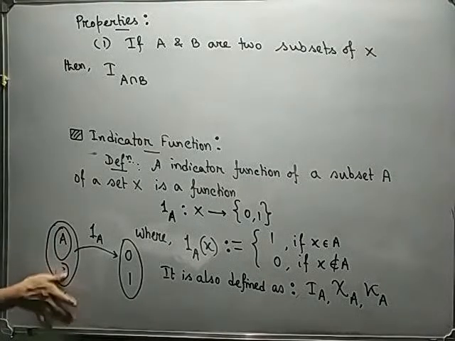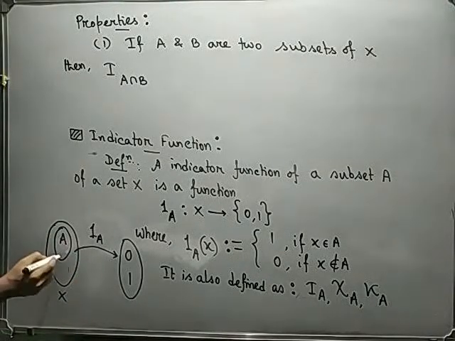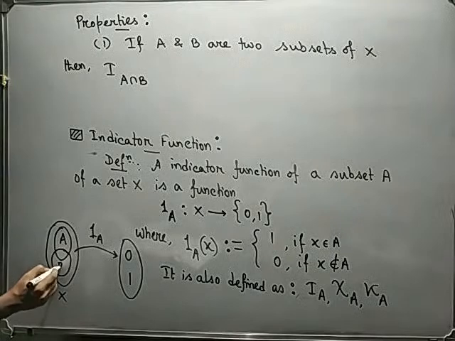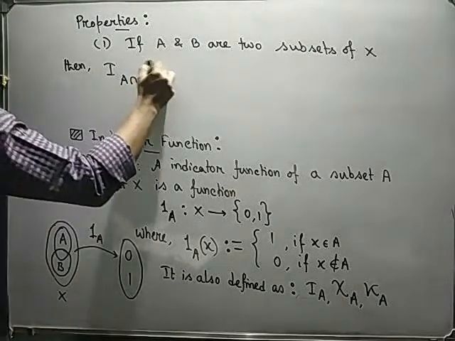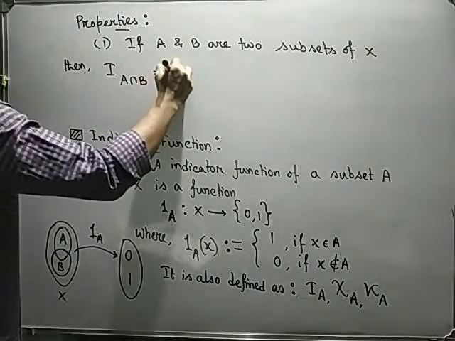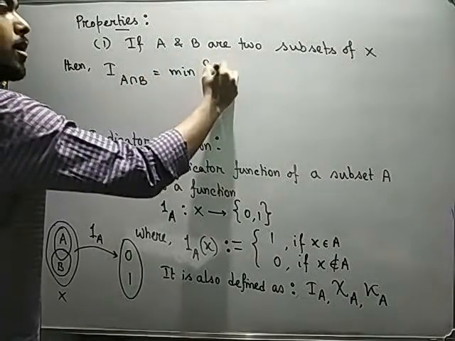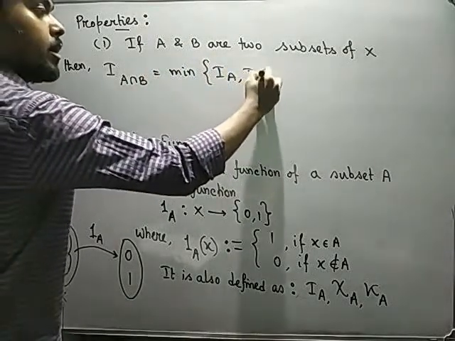But if, let's say, capital B like this, then A and B must have some intersection part. So I of A intersection B can be defined as minimum of IA and IB.